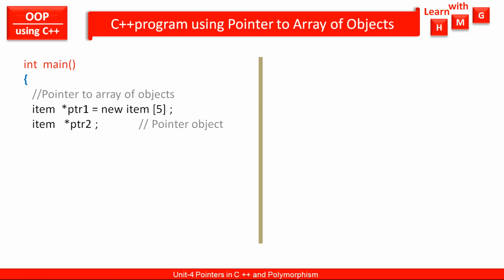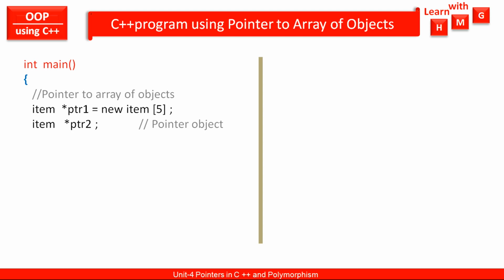Now I will require one more pointer of type item. In this program I am going to perform 2 operations: one for accepting the data members using a for loop and the get item member function, and second to display the values of data members of 5 objects using a loop and the put item function.